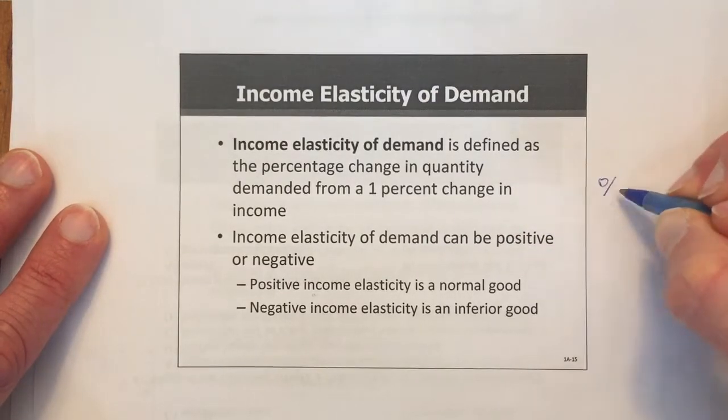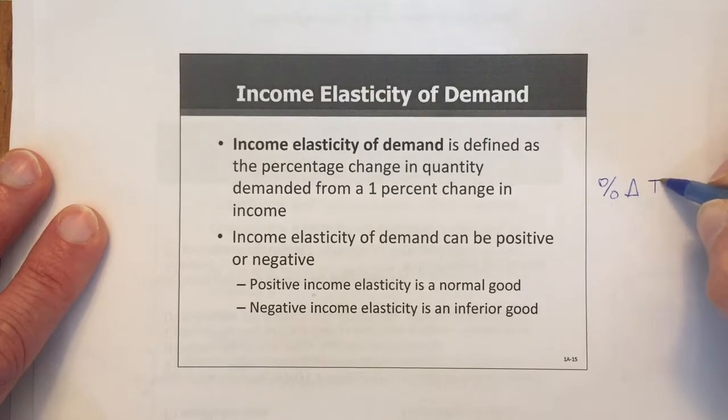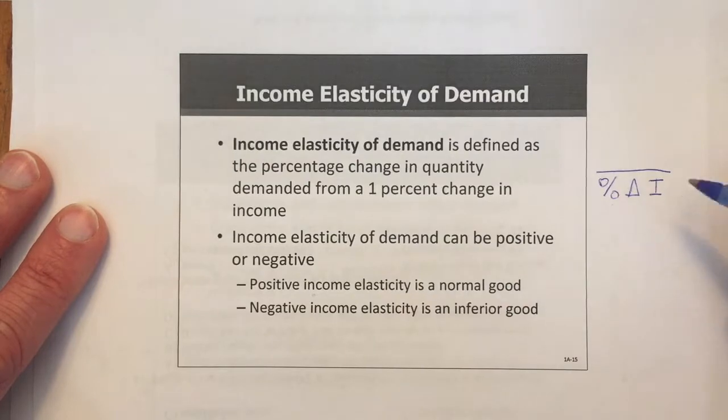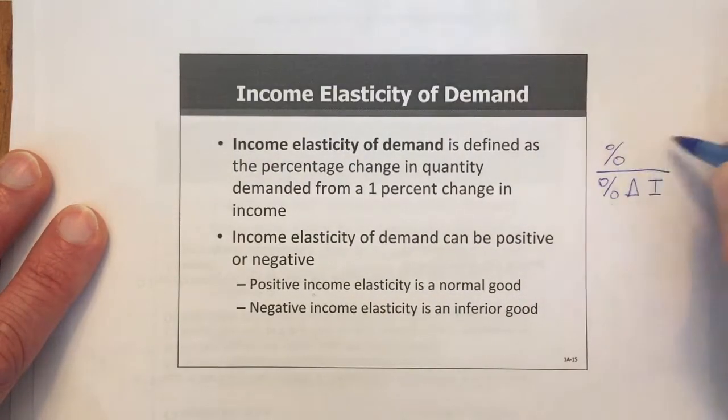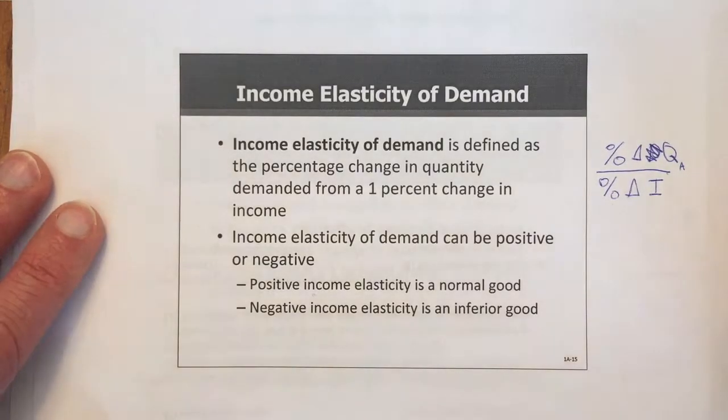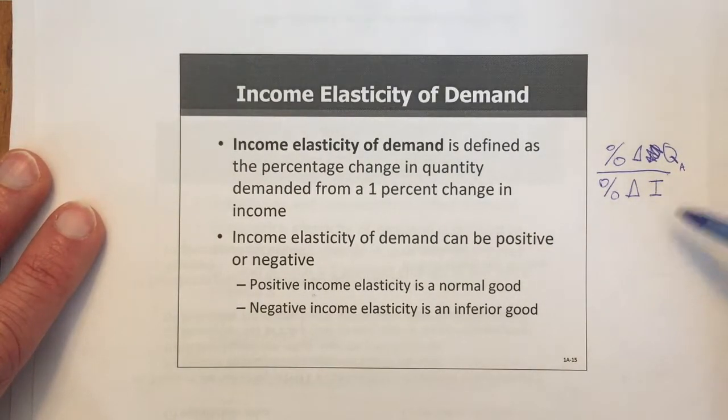So if the percent change in income, we'll use I for income, goes up by 1%, what is going to be the percent change in quantity demanded for a particular good, again, good A? So when income goes up by 1%, how is that going to impact the percent change in quantity demanded for good A, like apples?